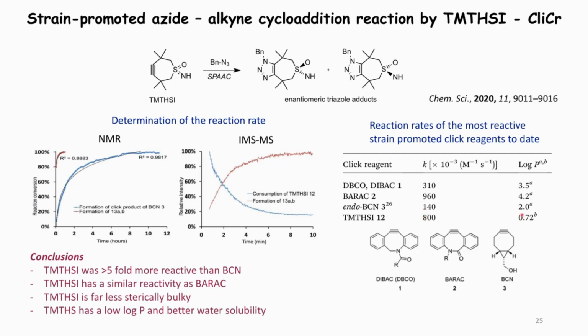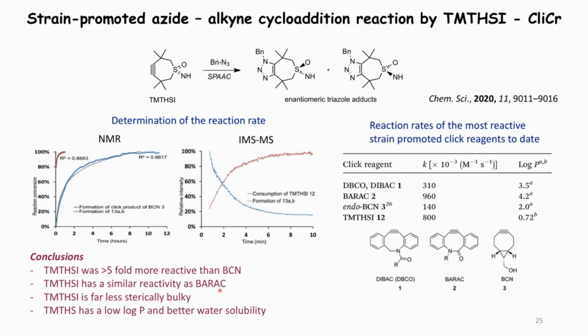And here you can also see that the log P is very nice, so this compound, as a matter of fact, if you have the HCl salt, is very soluble in water. So the conclusion is that it's more reactive than BCN, so we were very happy.